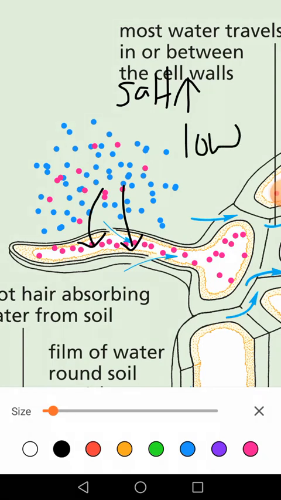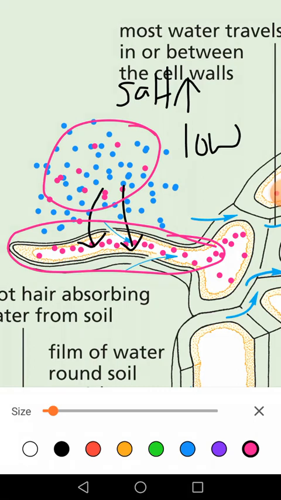Now the amount of water inside the root hair cell is low and the amount of water in the soil is high.